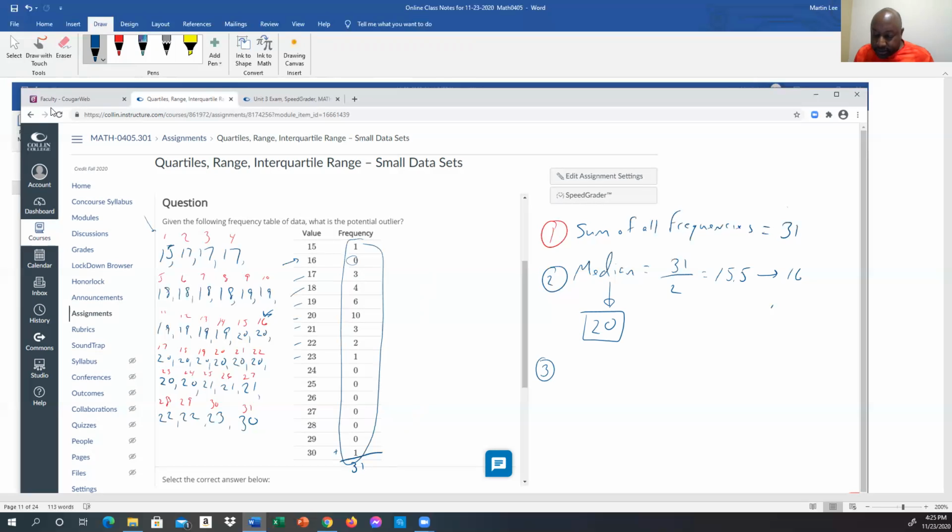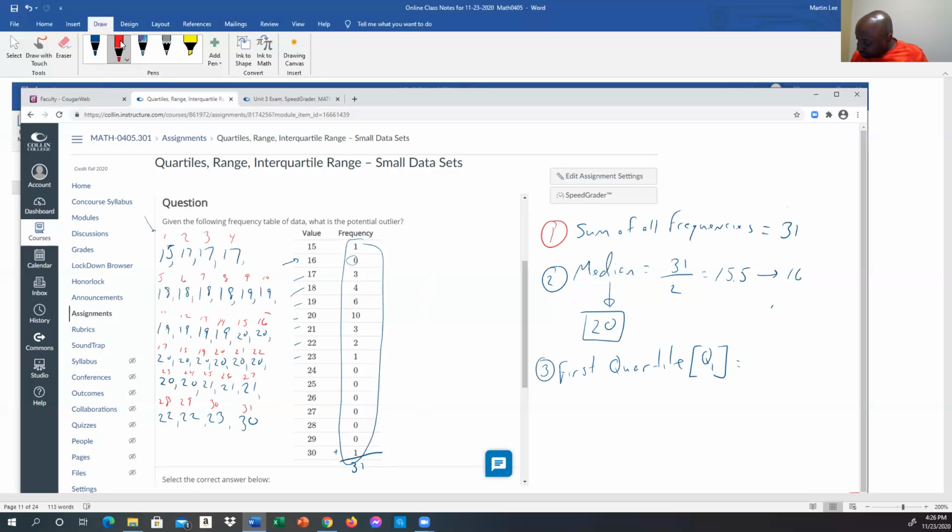Okay, for number 3, we need to calculate the first quartile, or Q1. Let's go back and put a box around the median, which was the 16th number.